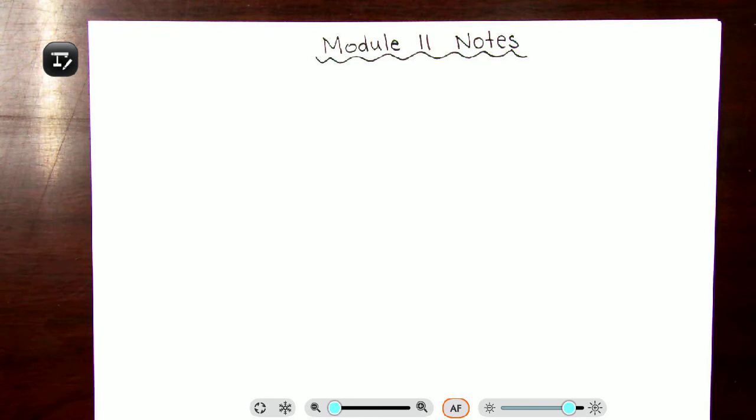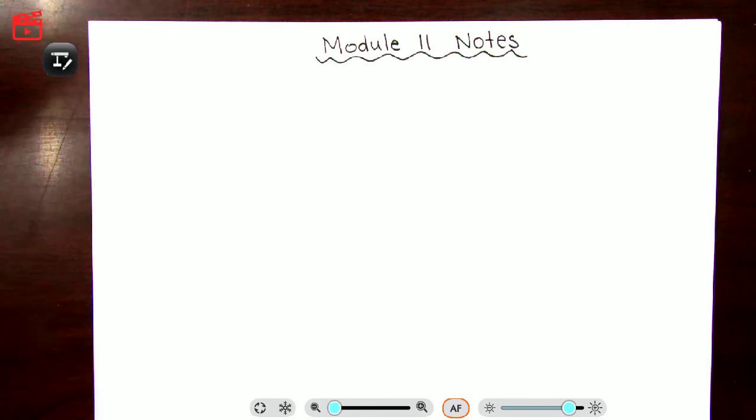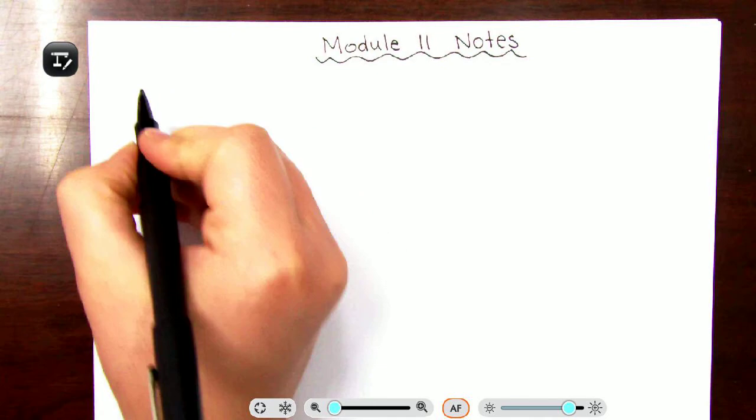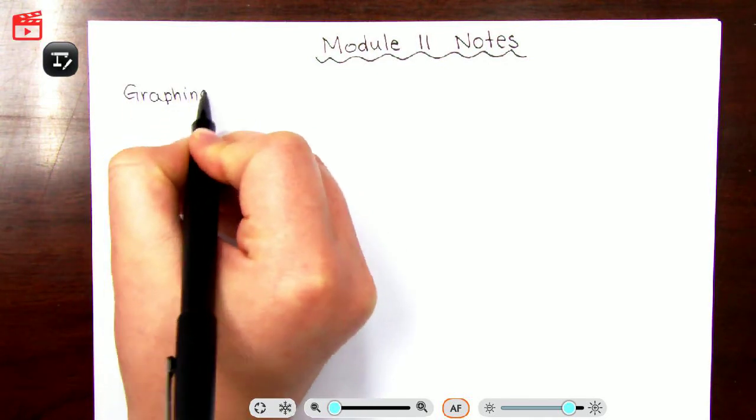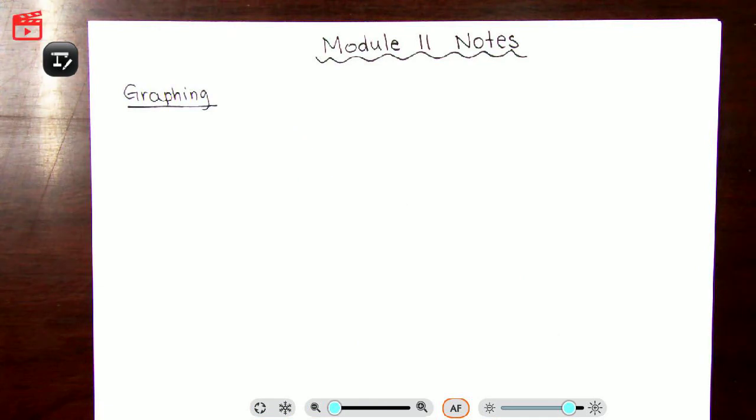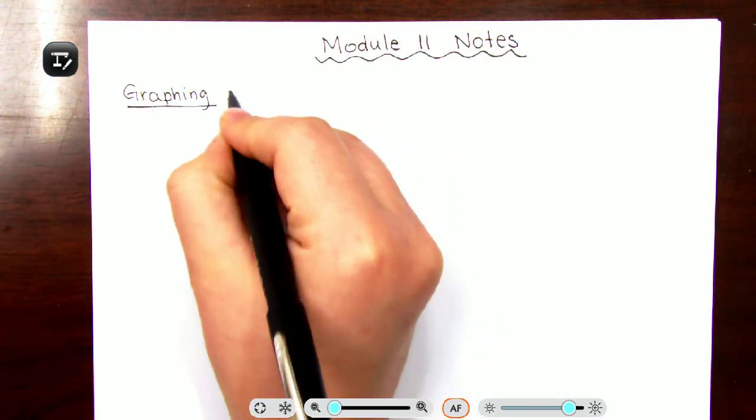Okay, the first thing we are going to do is review graphing. When you are graphing systems of equations, there are always three types of solutions.